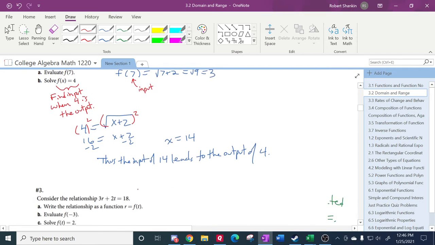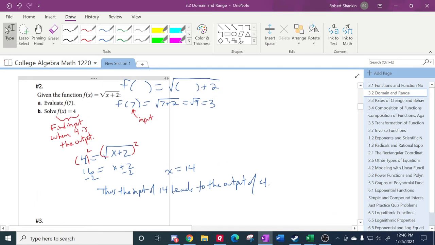And then the other question that was asked for clarifying, which was, why did we square both sides? I need to solve this equation for x. And there's two things I have to do to get x by itself. I have to get rid of this plus 2, and I have to get rid of the square root sign. I get rid of the square root sign first by doing what's called the inverse.